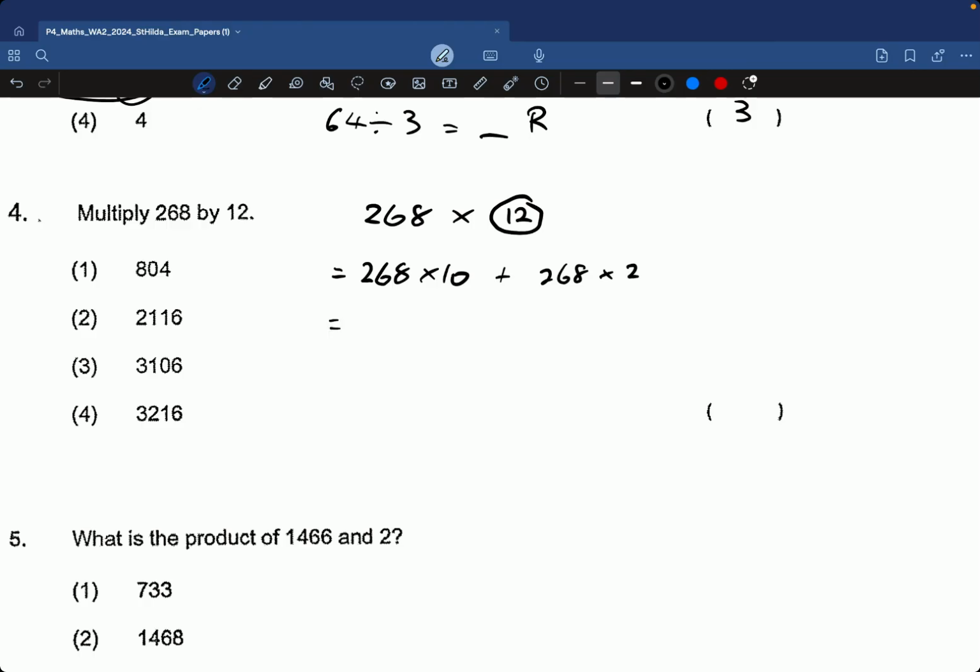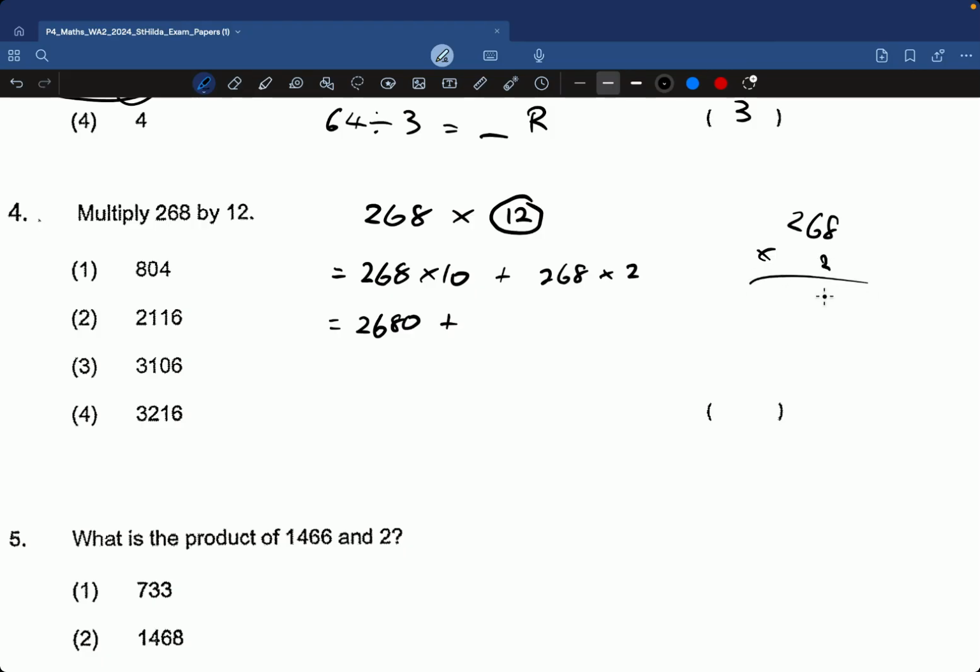So this will be easier for you to calculate rather than you actually do the workings of 268 times 12, right? So generally what I would recommend is to, as much as possible, break it up. And this is pretty straightforward. You have 2,680 because you add a 0 when you multiply by 10 over here. And now you can just add 268 times 2.